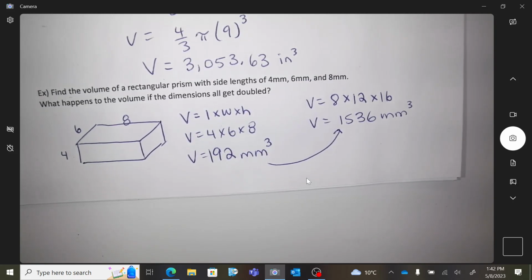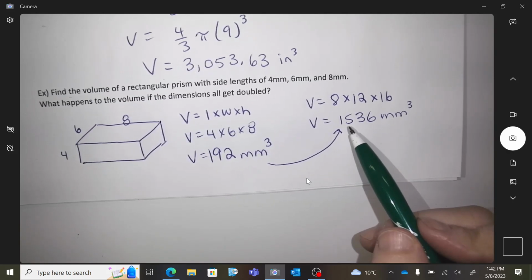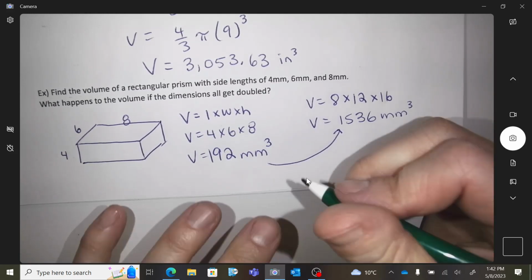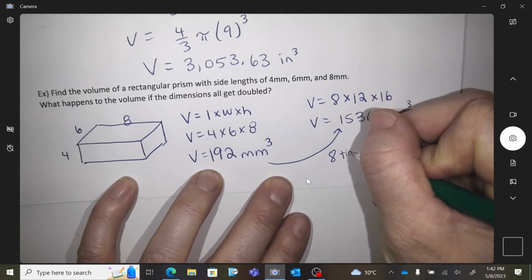Okay, what do you think? Is that number 2 times bigger? Did that number double? It's 8 times bigger. Okay, why?